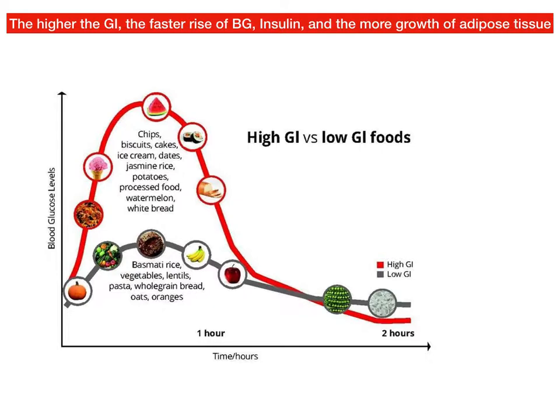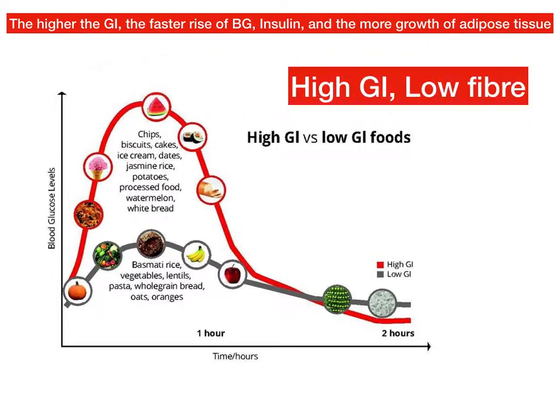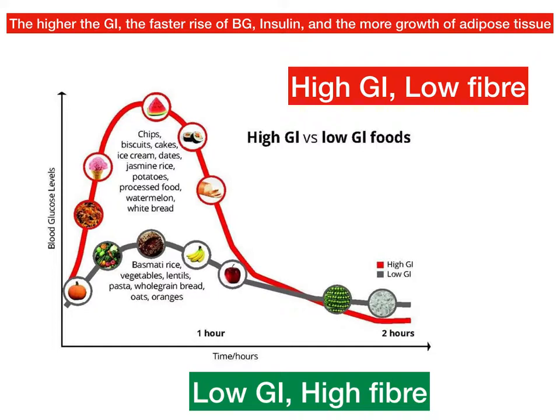And the high glycemic index happens to be with low fiber content. Low fiber means it is easier to assimilate or metabolize and absorb the carbohydrates, while in cases of low glycemic index with high fiber, it kind of makes a block on the metabolism or absorption, and also these fibers are not metabolized in the human body.